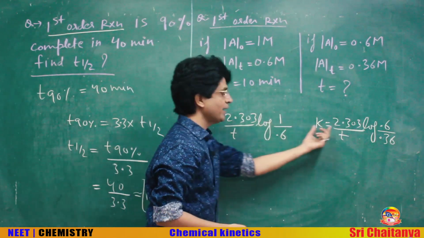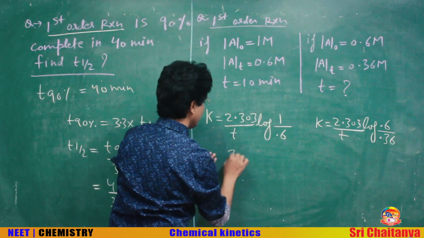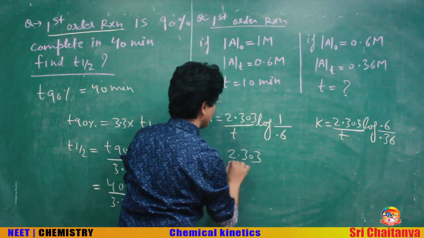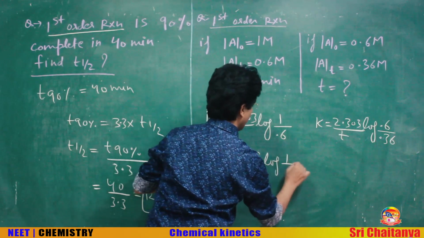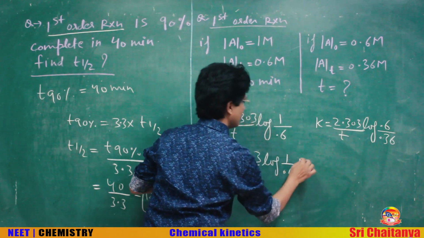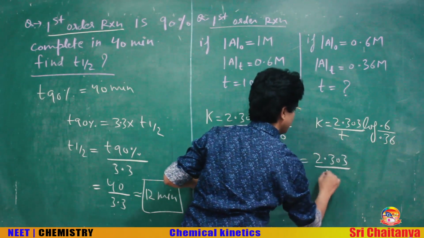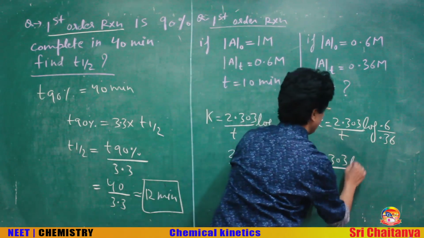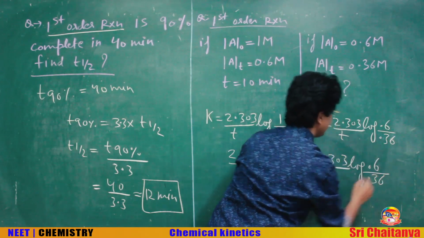Now since they both are equal, can we equate that? Yes, we can definitely equate that. This will be 2.303 upon T, which is given as 10 minutes, log of 1 upon 0.6, should be equal to 2.303 upon T, which we have to find out, log of 0.6 upon 0.36.